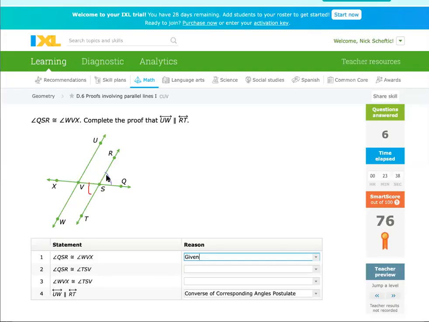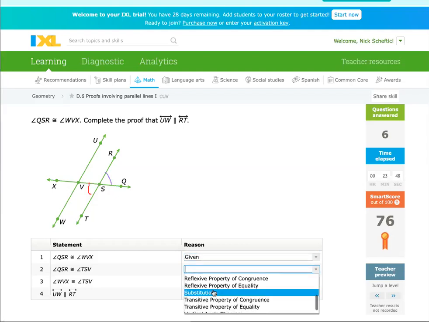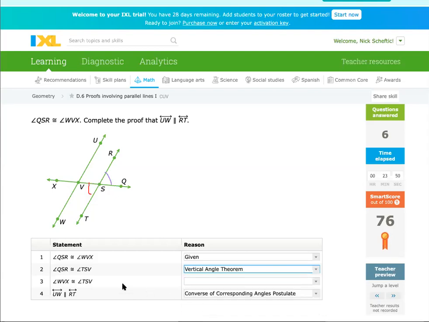All right, so we got the purple angle, and across from it, big hint, is going to be the red angle right there, which is VST or TSV, either way. And this one is going to be the vertical angle theorem. Next one we have is going to be the red. The WVX is going to be congruent to TSV.